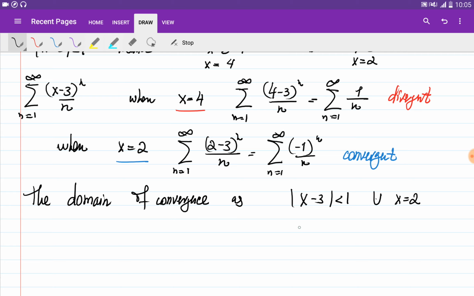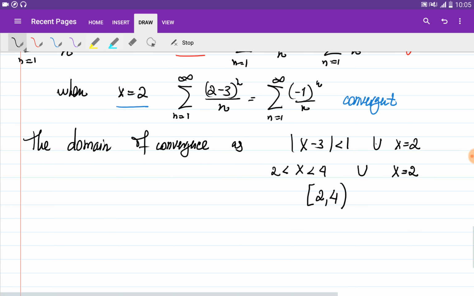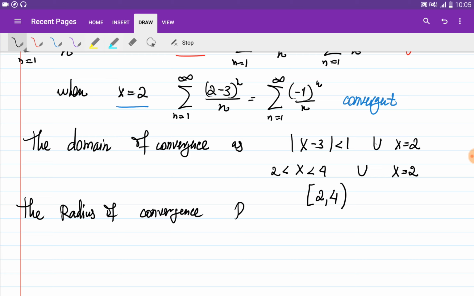If you open up the brackets here, it's going to be the interval between x is 2 and 4, and we need to add the case when x is equal to 2. Basically, the domain of convergence is going to be between 2 and 4, where 2 is included and 4 is not included. And the radius of convergence R is equal to 1.